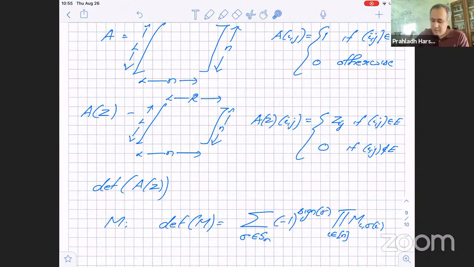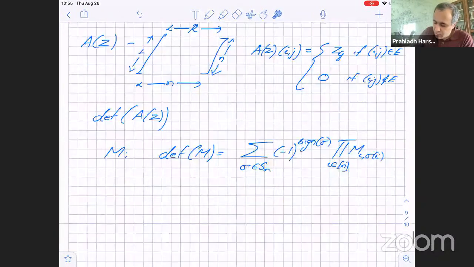For a general matrix, what is the determinant of AZ? In fact, all I want to ask is, if the graph does not have a bipartite perfect matching, what will be the determinant of AZ? That would be 0. So the only observations that I want to make are the following.